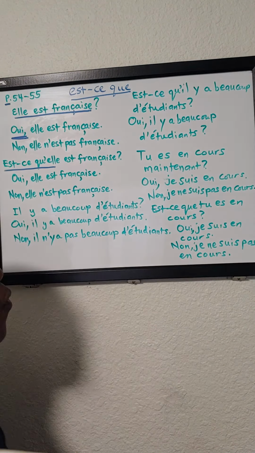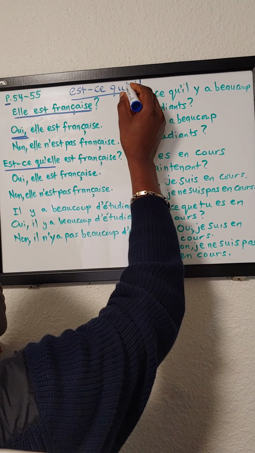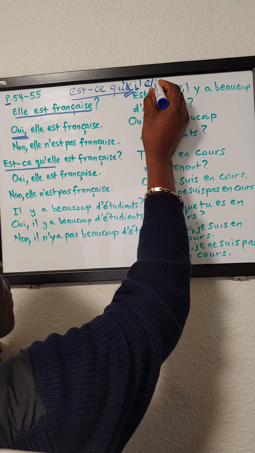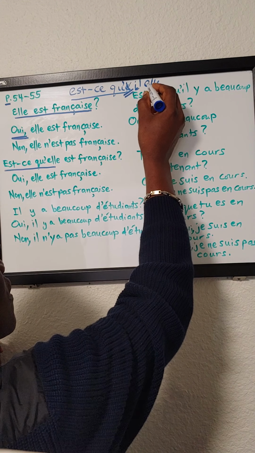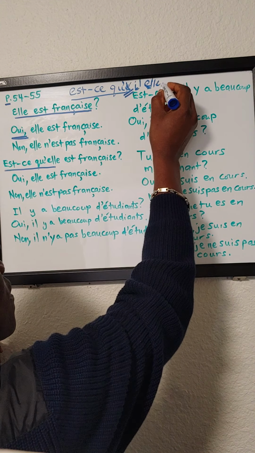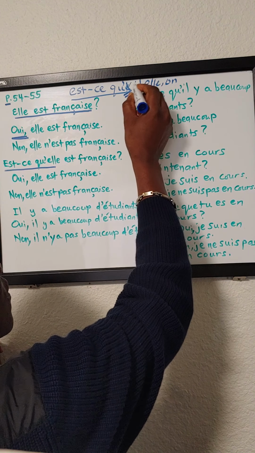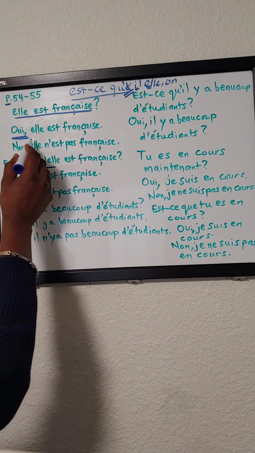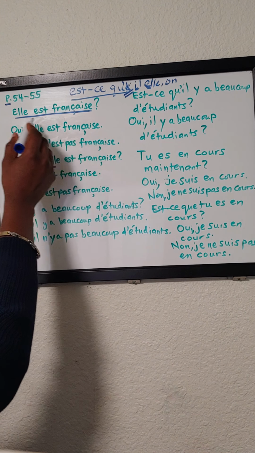When est-ce que comes into contact with a vowel, you drop the E, and then you put your apostrophe. The same thing with on. So here, elle est française.